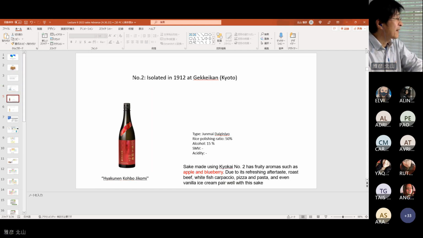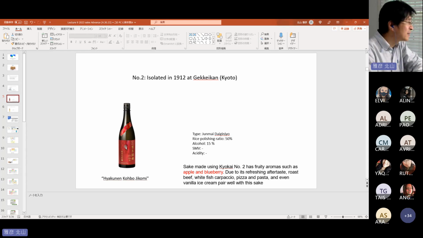So Gekkeikan also tried to make a very similar project. This is a yeast strain that for a long time nobody used. These are forgotten yeast strains, but Gekkeikan isolated this strain more than 100 years ago.